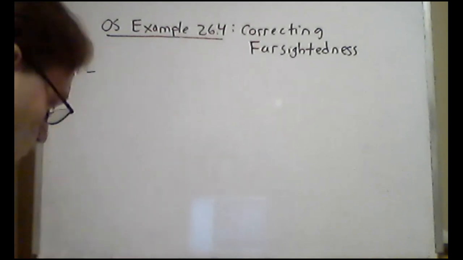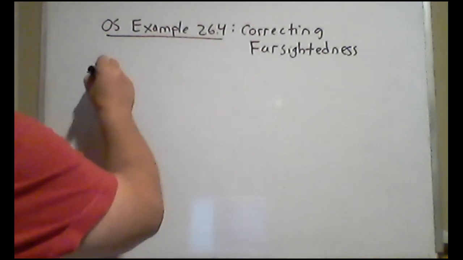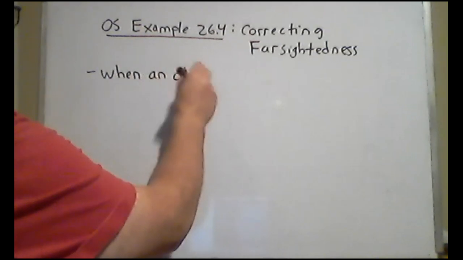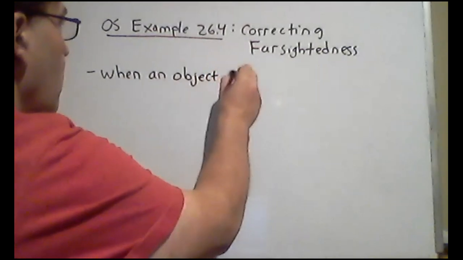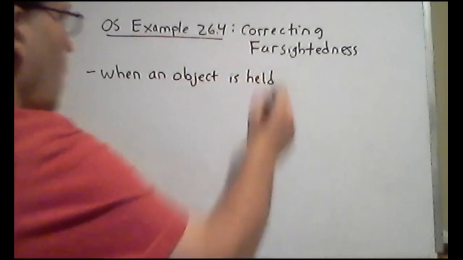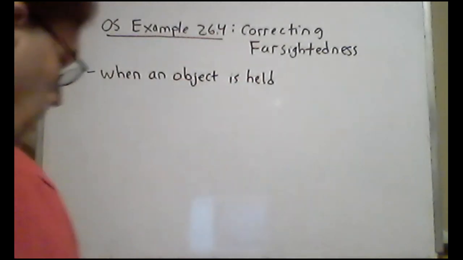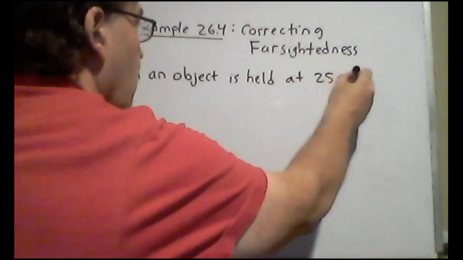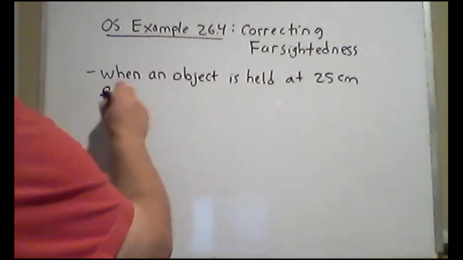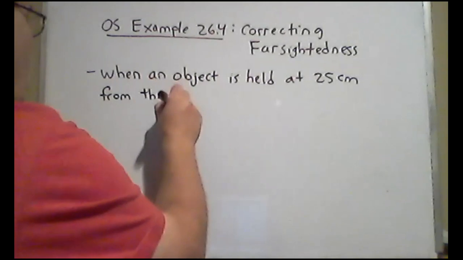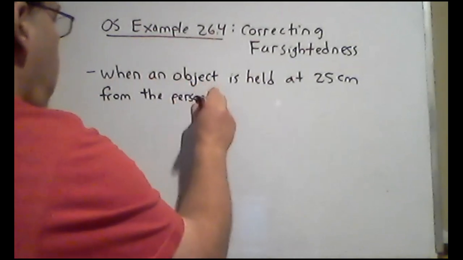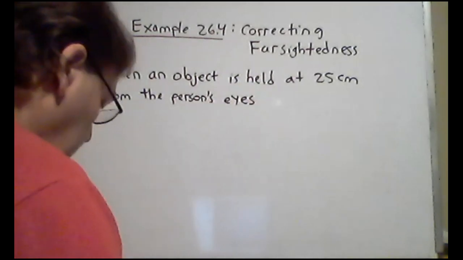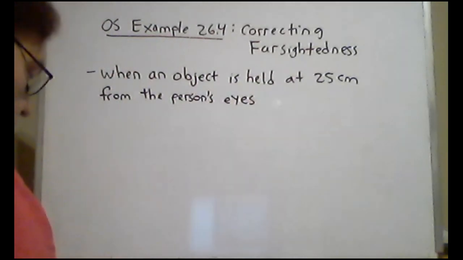Well, when an object is held at 25 centimeters from the person's eyes, the spectacle lens must produce an image 1 meter away.